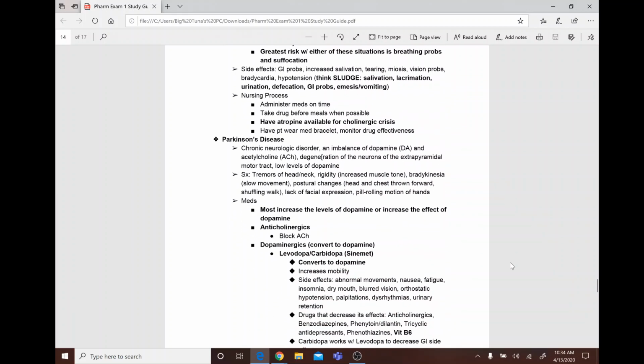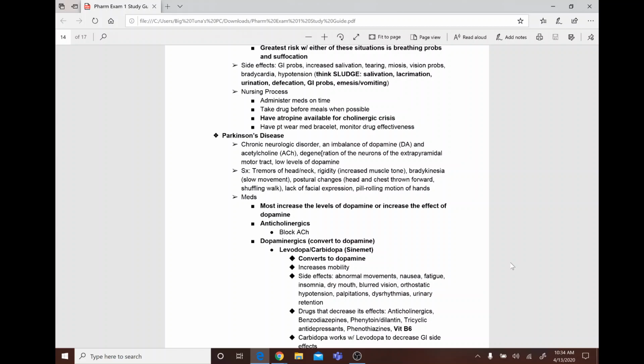What is Parkinson's disease? Chronic neurologic disorder and imbalance of dopamine and ACH. Usually have low levels of dopamine.